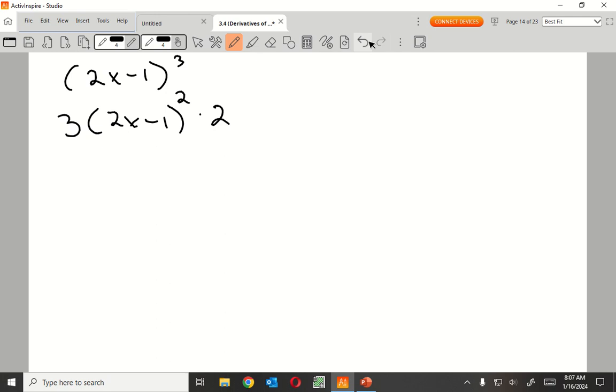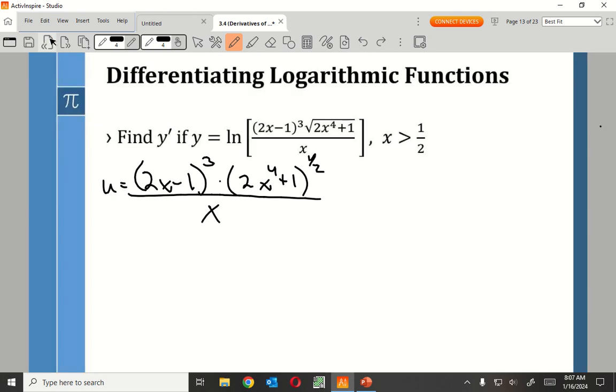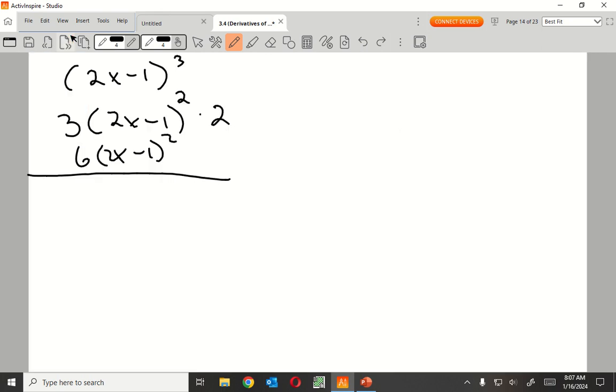Denny, did you follow me on that one? So let's just rewrite it as 6 (2x minus 1) squared. All right, so there's that piece. The other one is going to be (2x to the fourth plus 1) to the 1/2. And this one is another chain.